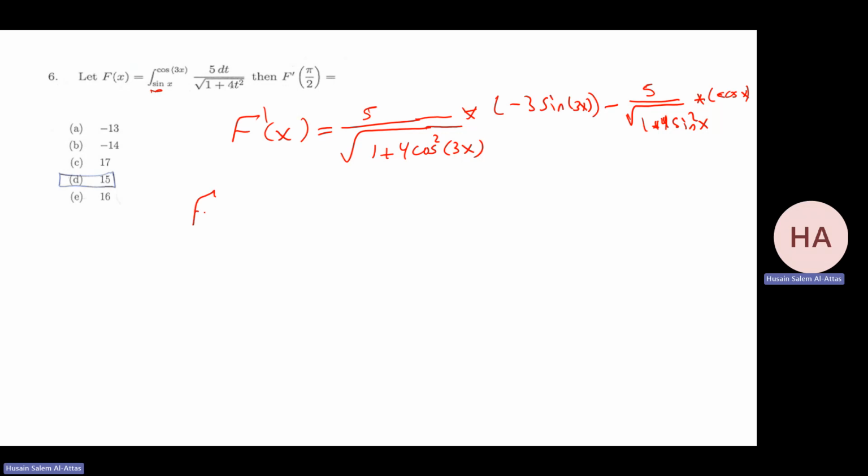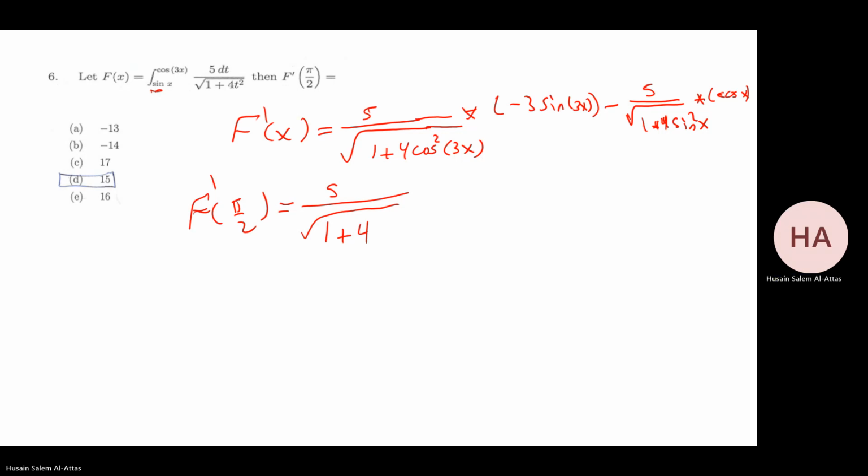Now I substitute pi over 2 into f prime. Capital F prime at pi over 2 will be 5 square root 1 plus 4 cosine square 3 pi over 2. Cosine 3 pi over 2 is what? Is 0.